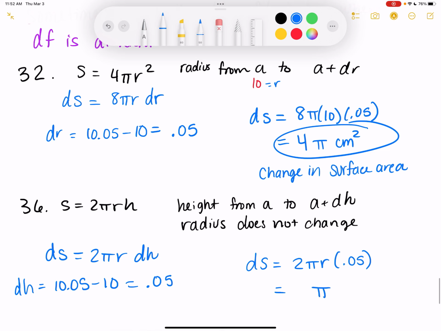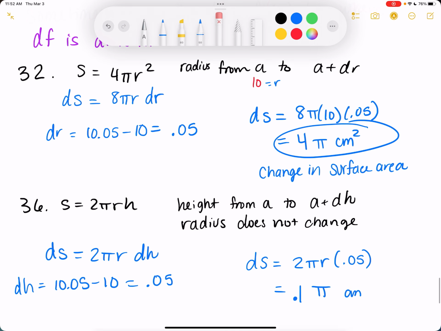So 2 times 0.05 is what? 0.1 centimeters squared. So again, that means change in surface area.